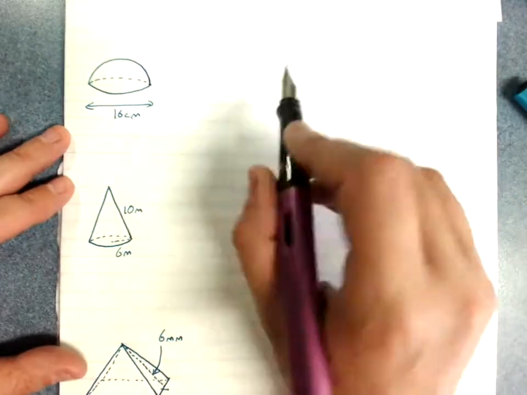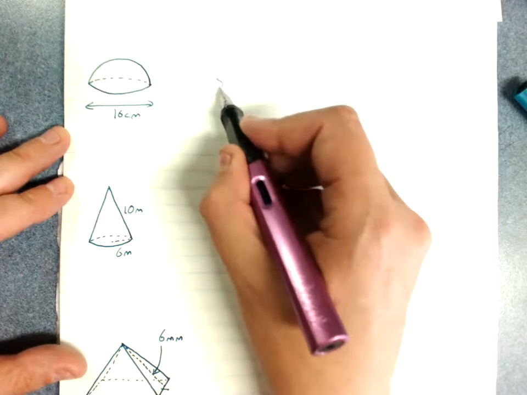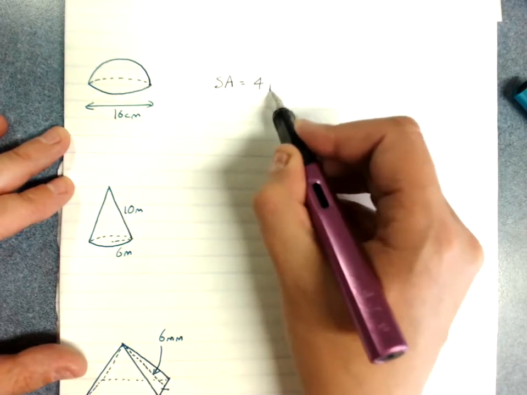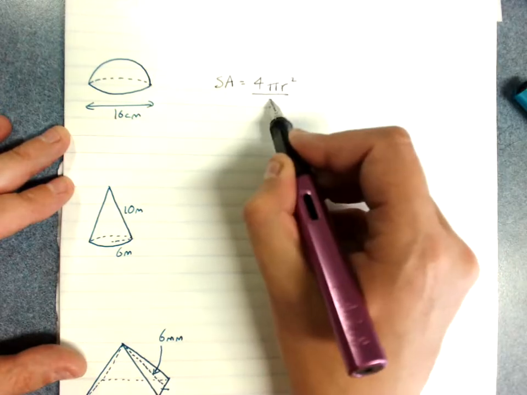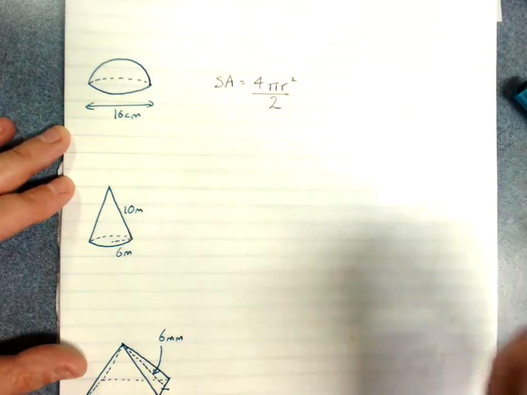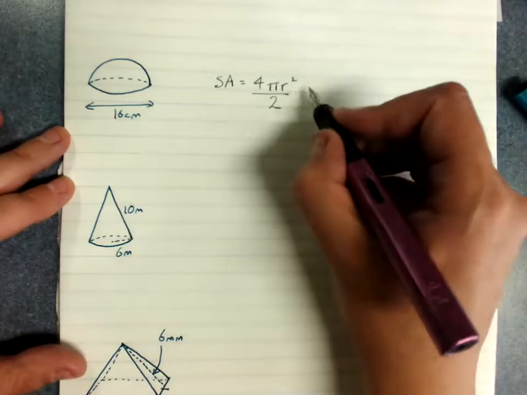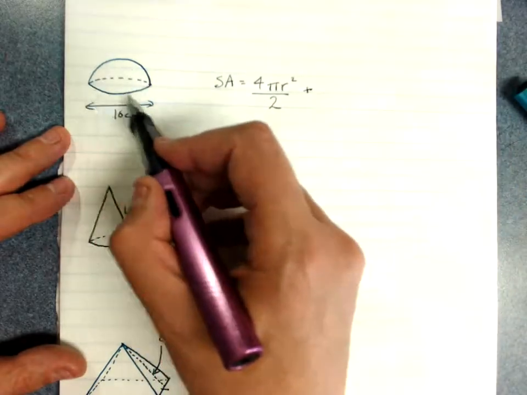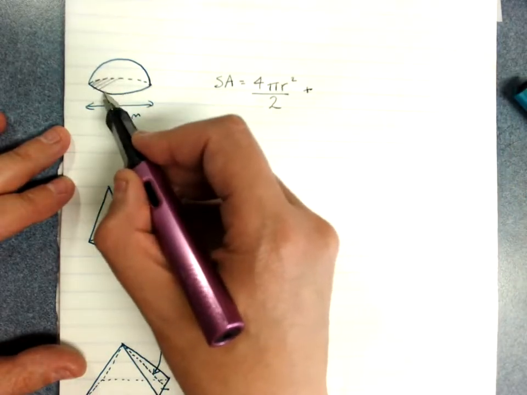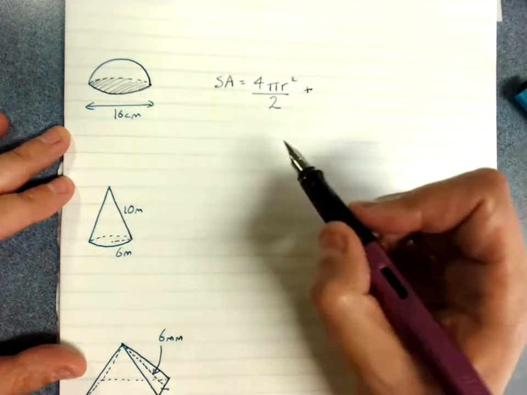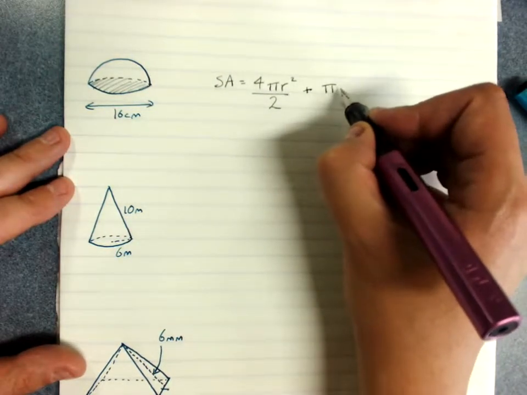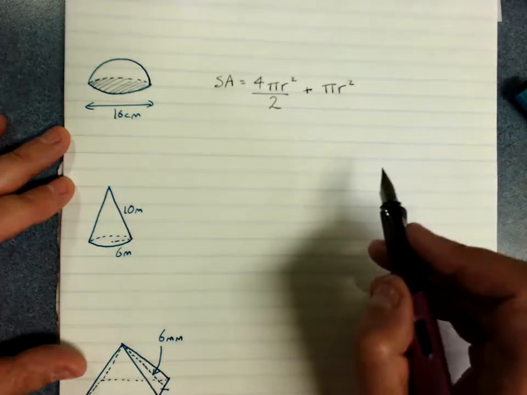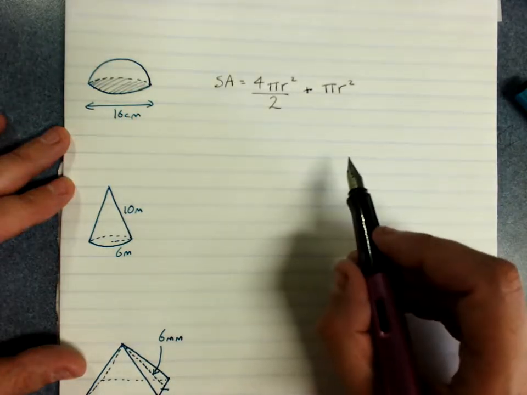A sphere is nice and easy, 4 pi r squared, so the surface area of this, we'll have the surface area of a sphere, 4 pi r squared, and we only want half of it, so we'll divide by 2, plus this hemisphere also includes the circle at the bottom, so we'll also need pi r squared for the circle.